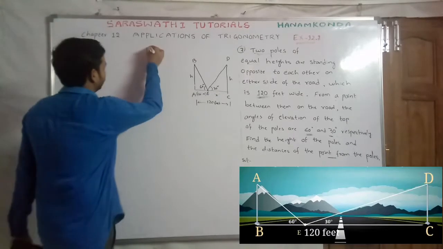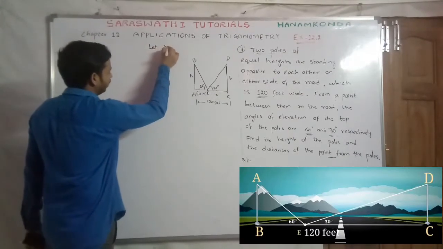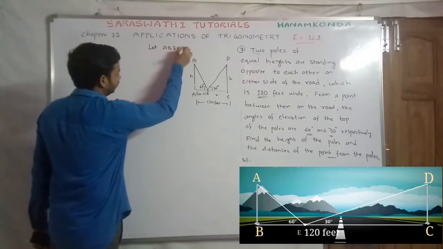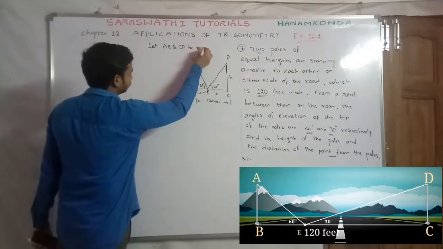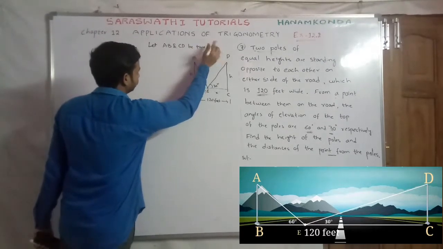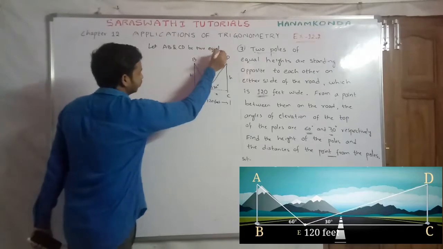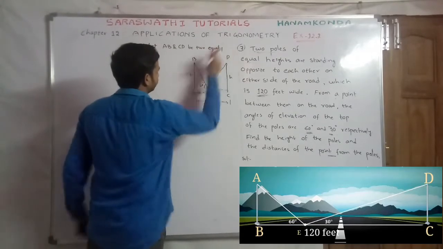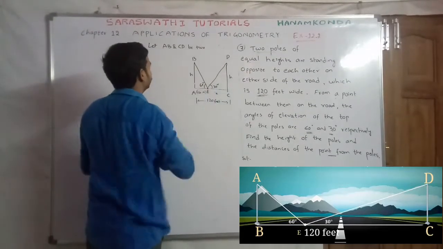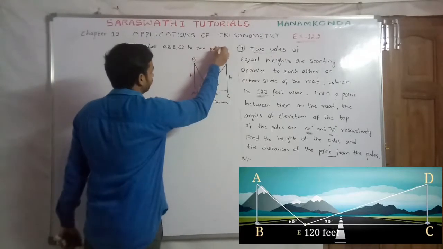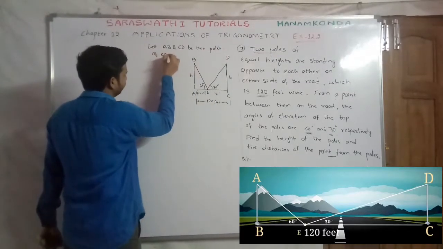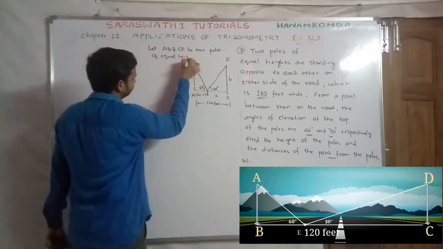So let's write first the given data. Let AB and CD be two poles of equal heights.